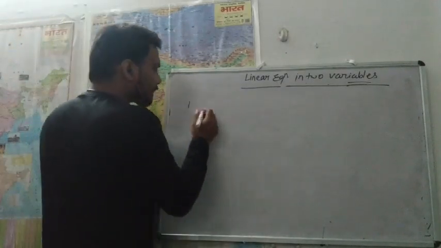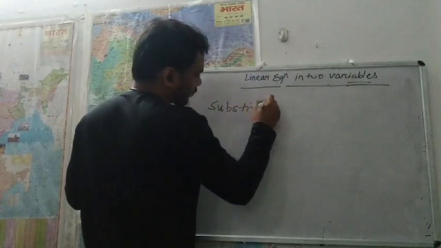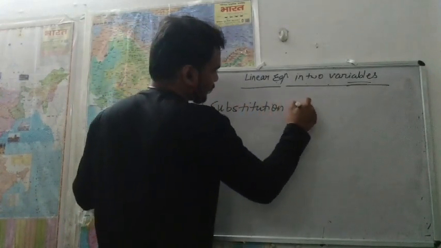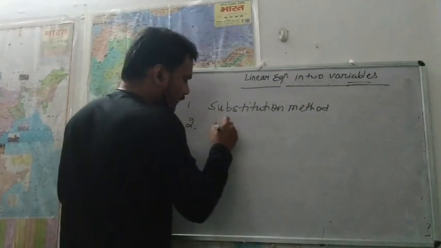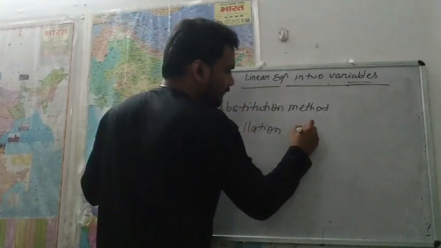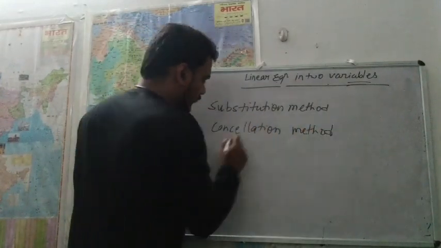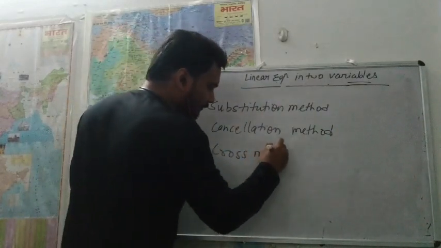Number 1 is the substitution method. Number 2 is the cancellation method. Number 3 is the cross multiplication method.